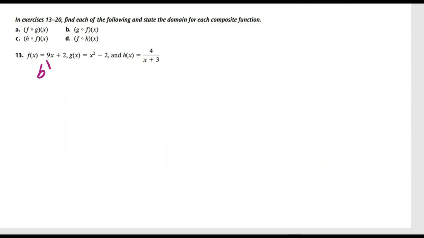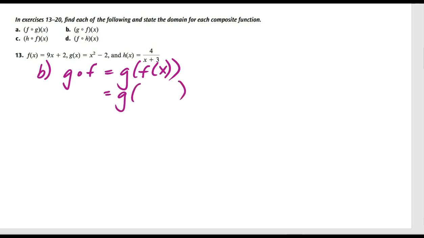Let's do b. b is g composed with f. We can write it like this. Sometimes this helps me see it when I write it like that, because then I see that this is simply g, and instead of the input of x, it's going to be f of x, which is 9x plus 2.